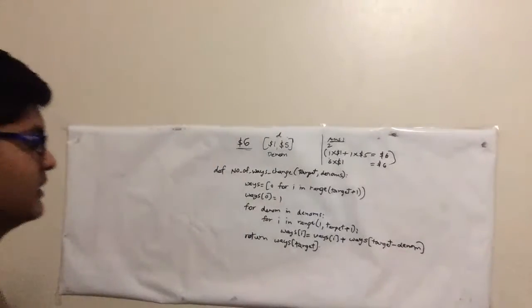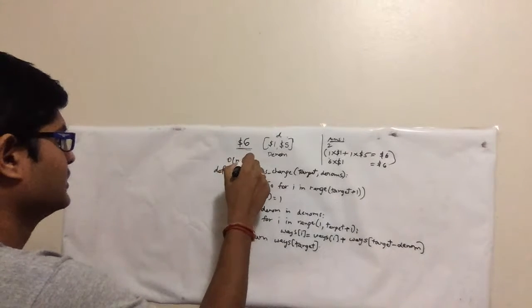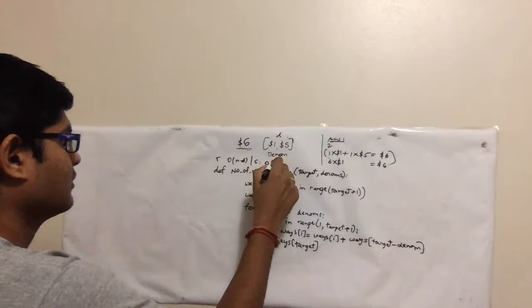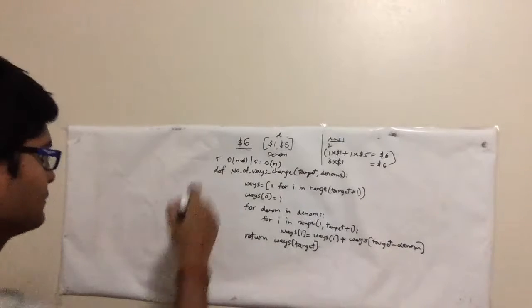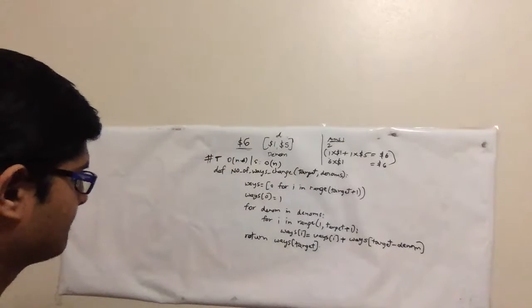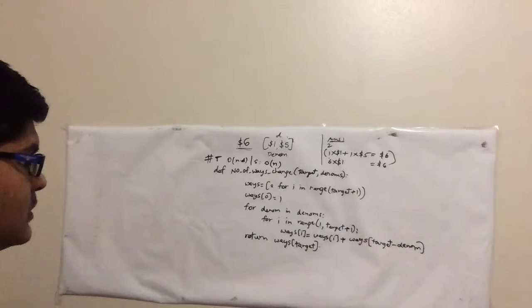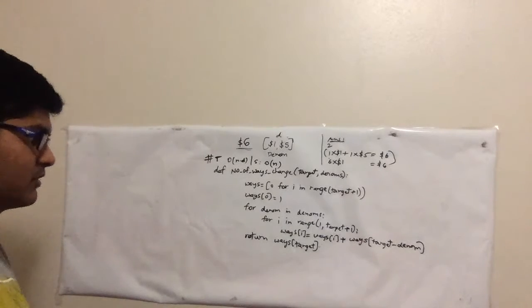The space complexity is big O of n because it is creating this array. So for this, that's it. We successfully solved the problem.